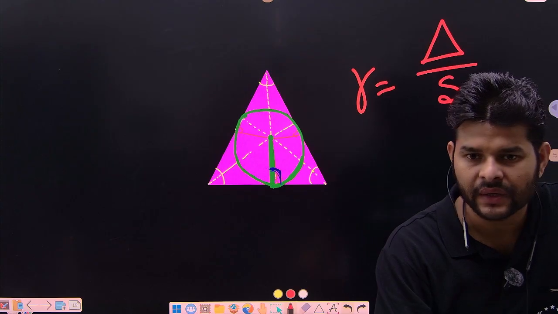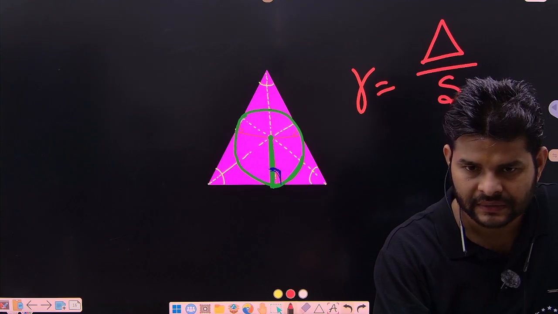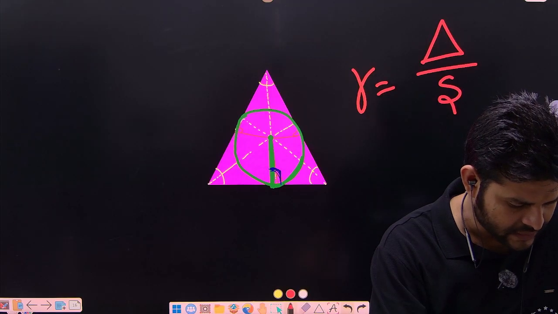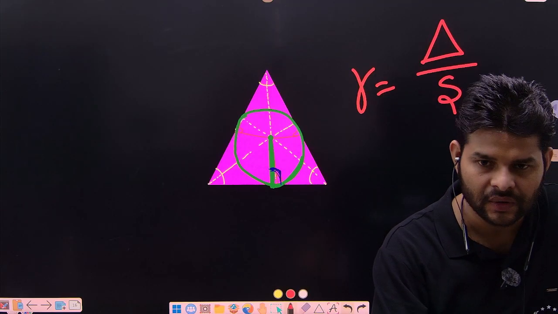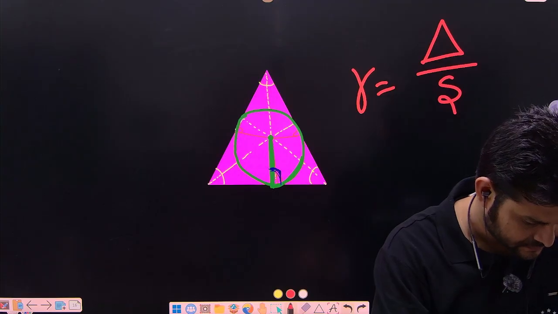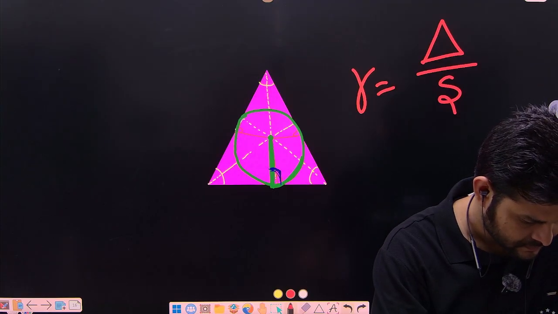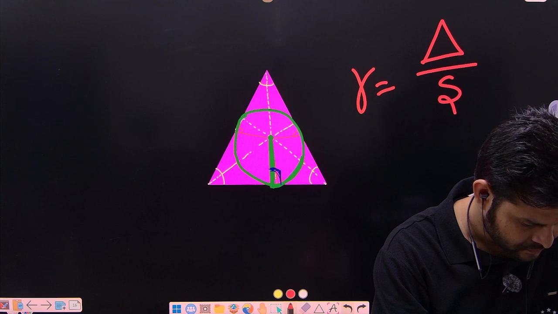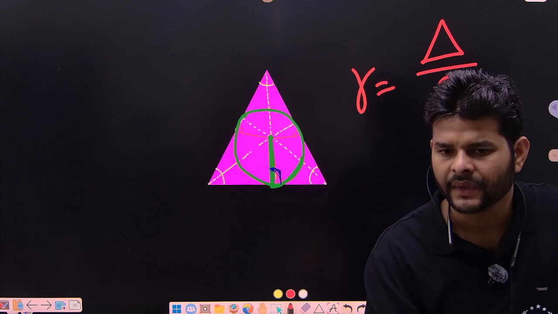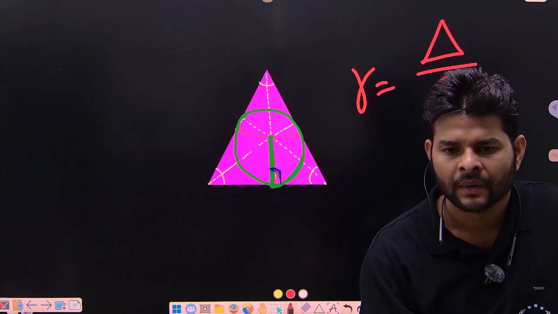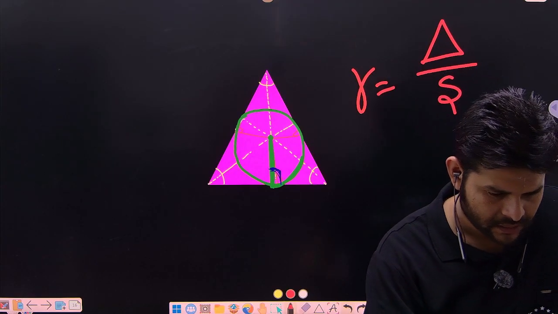This circle is called the incircle, and the radius is called the incircle radius. The important point, by using that point we are going to solve the question.